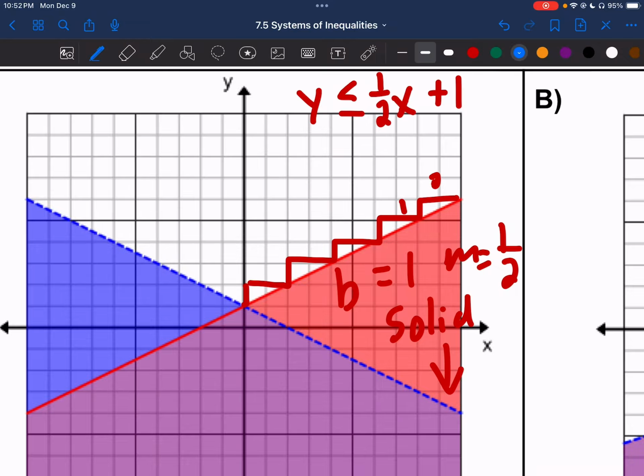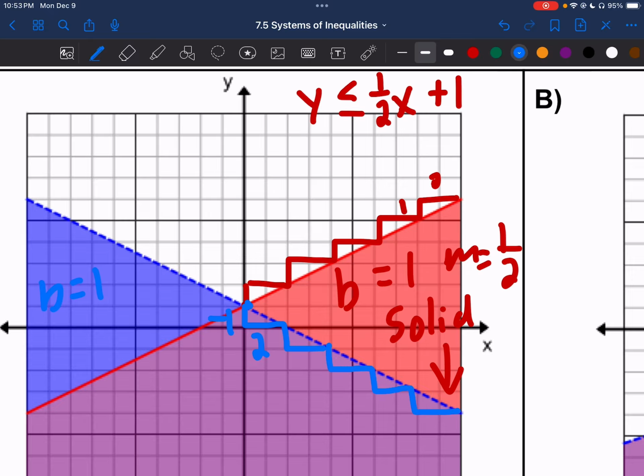Now the blue line that I look at, again, it's got the same y-intercept. So our b value is still going to be 1. What's my slope doing, though? I'm going down 1 and to the right 2. So it's -1 and right 2, right? I'm going down 1, right 2 every single step that I take.